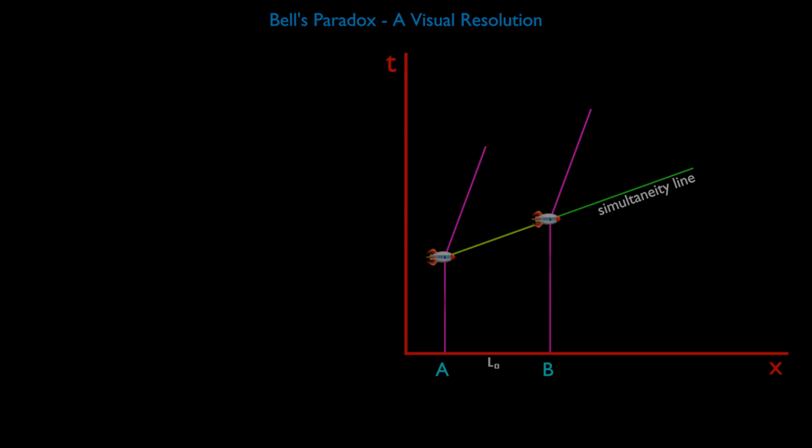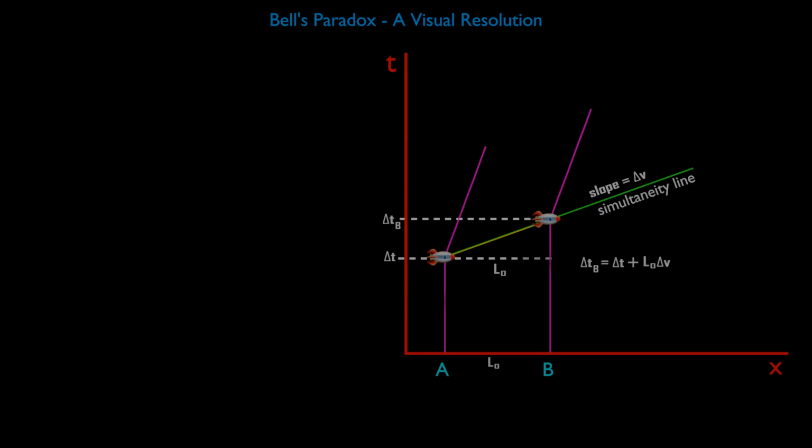So if rocket A changes its velocity to delta v in time delta t, how long does it take rocket B to change its velocity to delta v? We can use the slope of the green line, delta v, to discover that delta tb is equal to delta t plus L0 delta v.